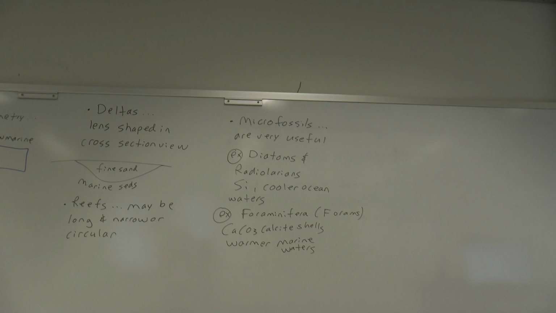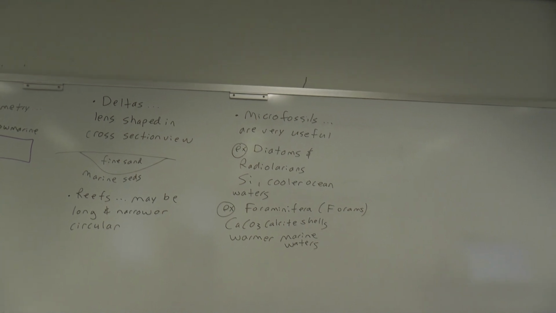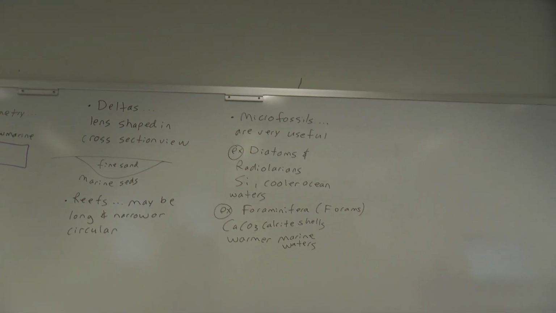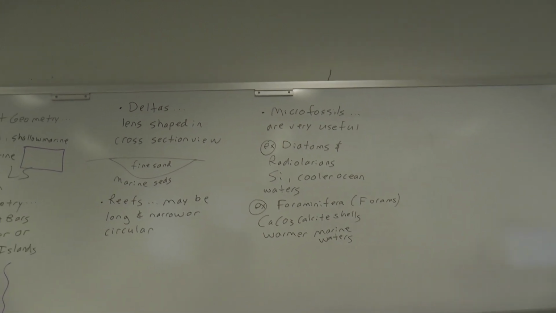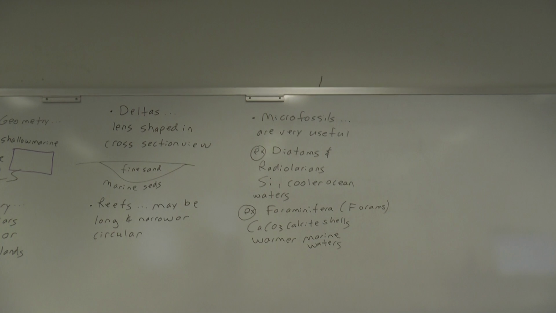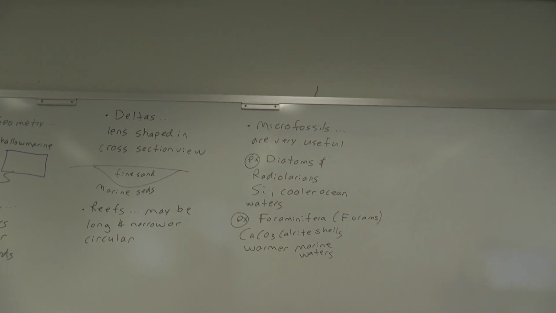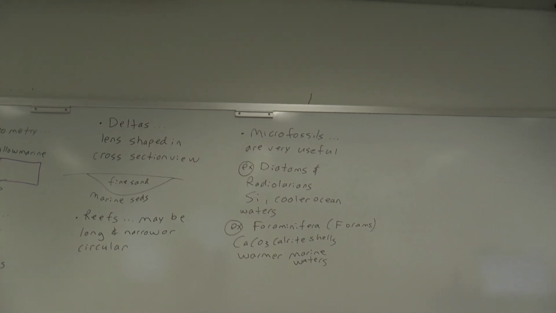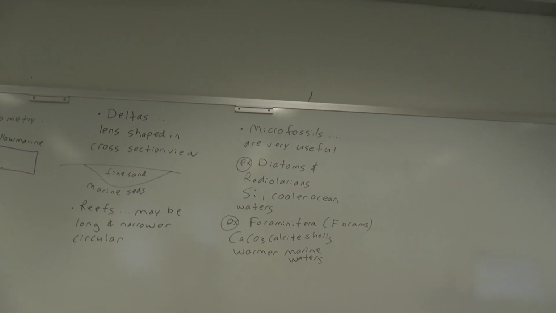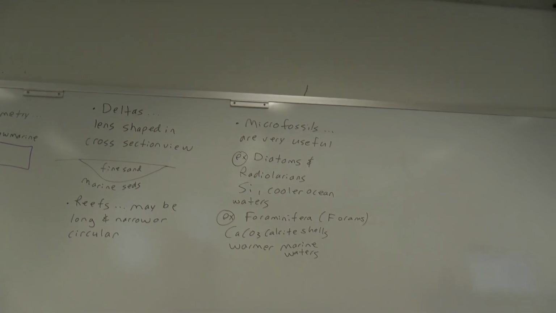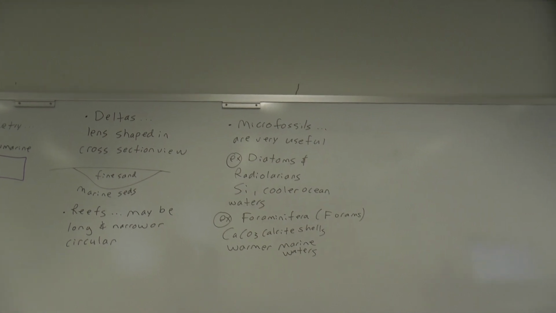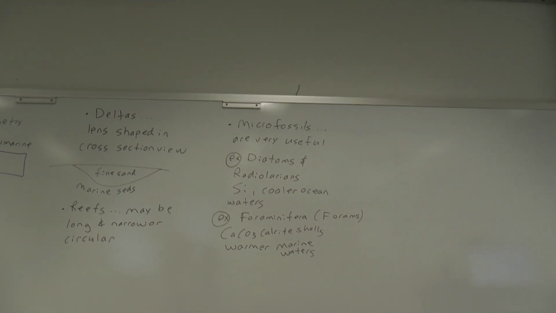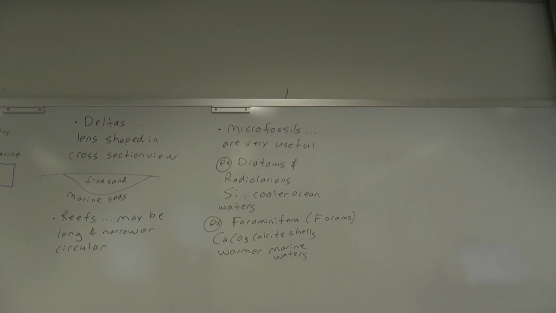For example, you might find in your sediment, ancient sediment or sedimentary rock, you might find that you have diatoms and radiolarians, which are tiny creatures that make their shells out of silica, Si, basically quartz. If you want to know what they look like, just do a Google search, diatoms and radiolarians. They're really neat looking. And these things, they're marine, and they tend to form in cooler ocean waters.